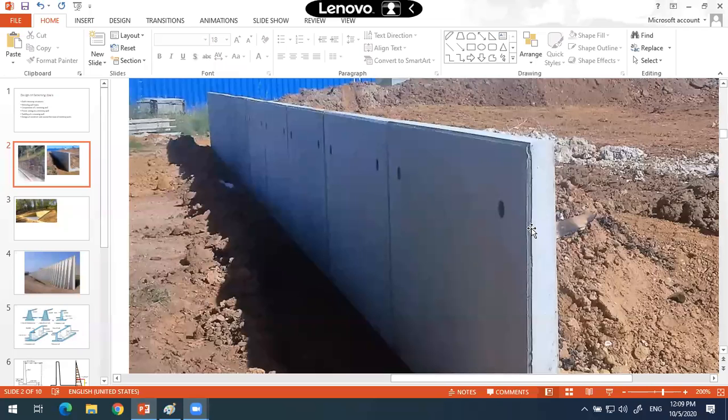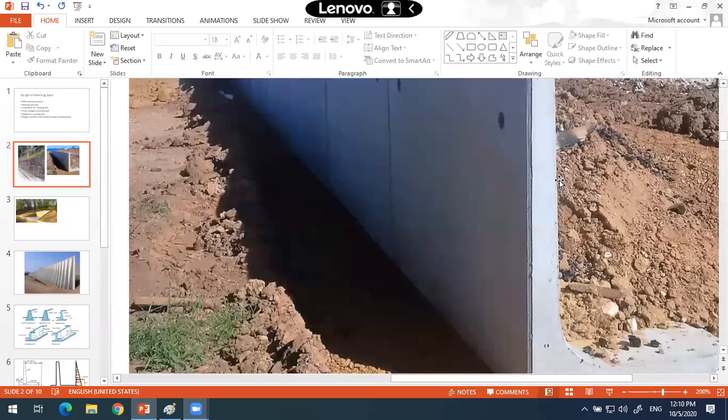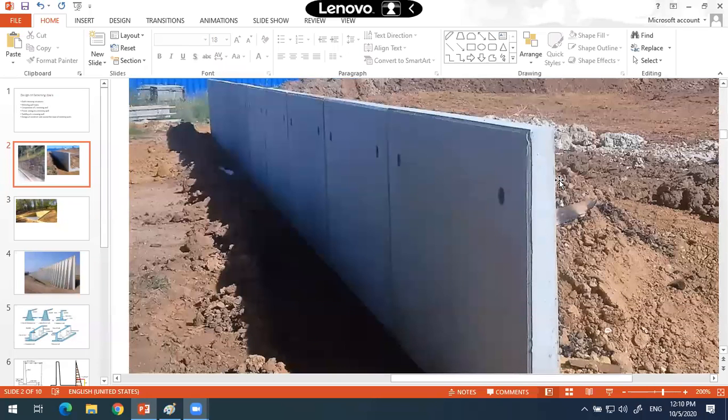See, in the beginning I told you these are earth retaining structures. They are not liquid retaining structures. So it is important that you drain off the water as quickly as possible. One is it will increase the density of the soil. It gets saturated, or it may be unsaturated, may not be fully saturated, but whatever it is, when water comes inside this backfill, it will increase the density over there.